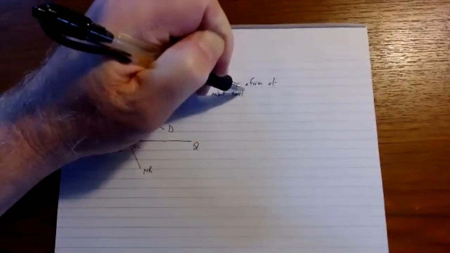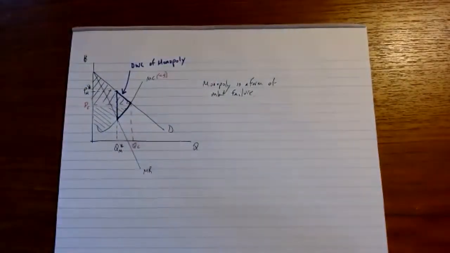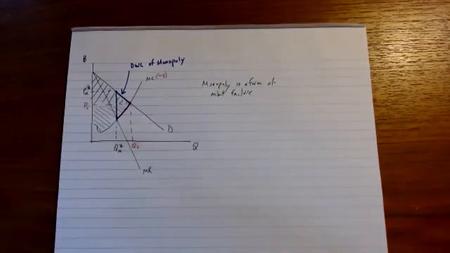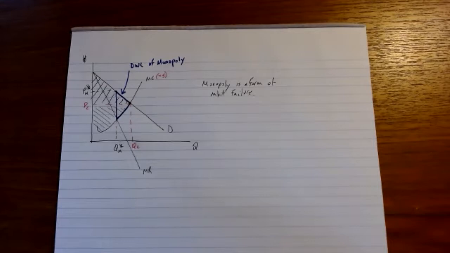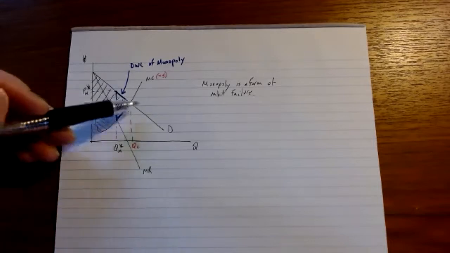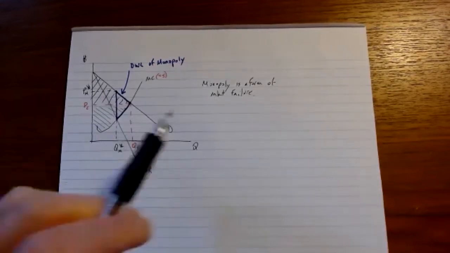Well, a market failure is when a market fails to produce the socially optimal quantity at a socially optimal price. We've seen before that things like price floors and price ceilings can create deadweight loss. The taxes and subsidies can create deadweight loss. But the market itself, even when left on its own, can create market failures.